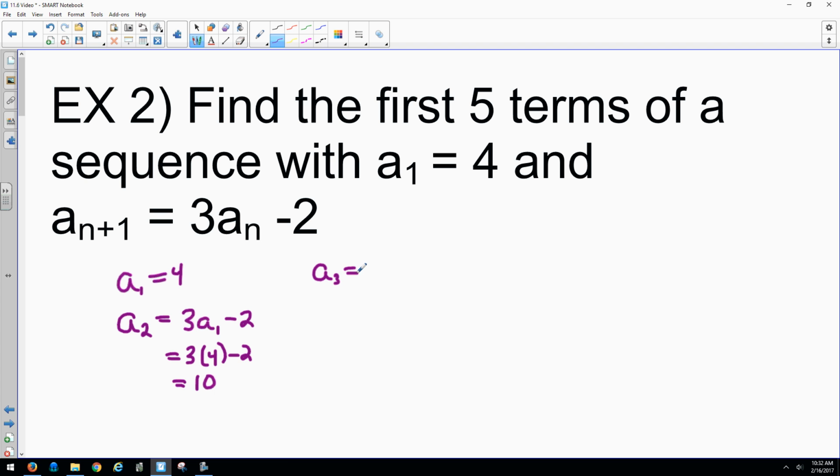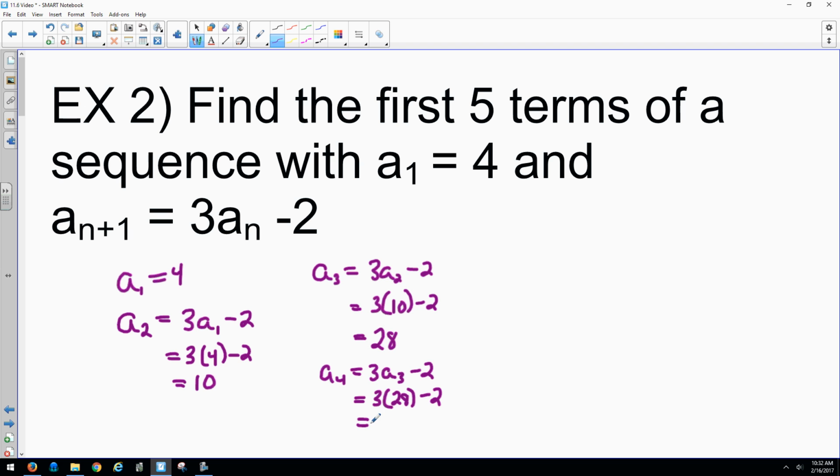And then we're just going to continue with this pattern. So a sub 3 would be equal to 3 times a sub 2 minus 2. And we already found a2, which is 10. So that's going to give us 28. A sub 4 is same idea. I'm just going to write all of this out so you guys can see where I'm coming from here. So the fourth term is 82.